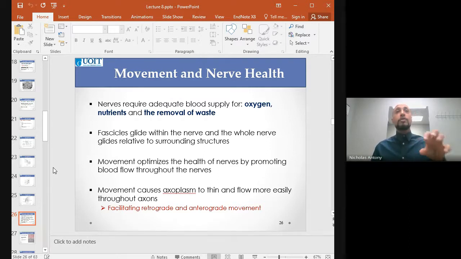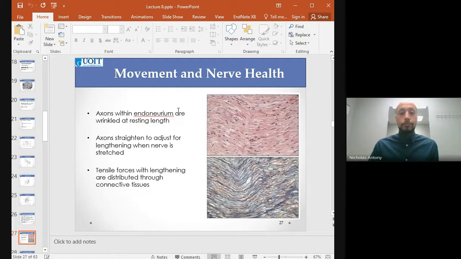Because remember, the function of the nerve is dependent on neurotransmitters getting built at the cell body and getting sent all the way down through anterograde movement all the way to the axon terminals. If we were to look at the epineurium and endoneurium under a microscope, you can see how it's wrinkled at length.